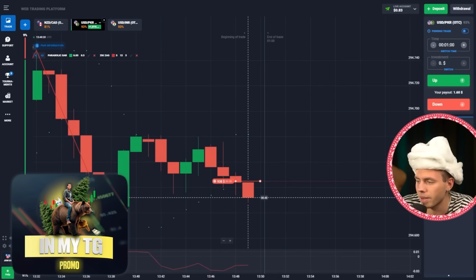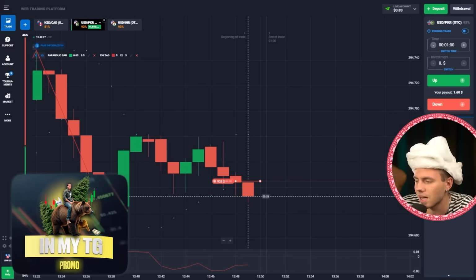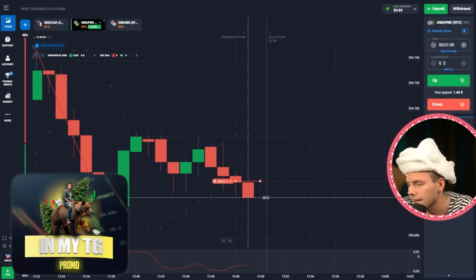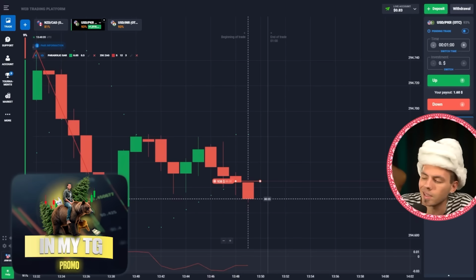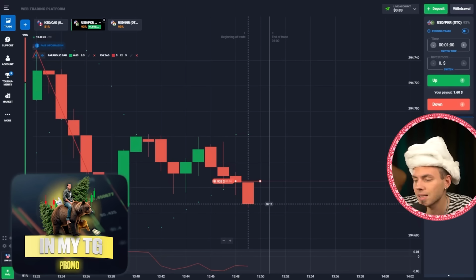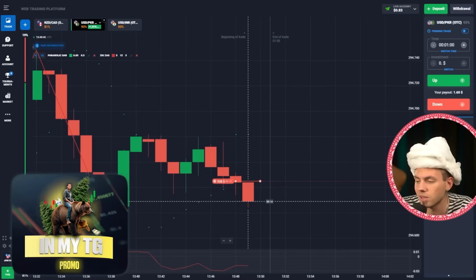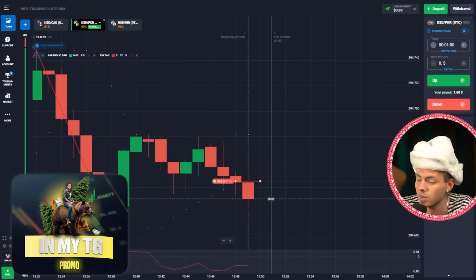There is a strong resistance level at 294.680. You see this level. This is a very strong resistance level which we definitely will not break right now, because there are no indicators or past situations telling us that this is the moment we can break through this line going up. So the option is down, and all we need to do is to be patient and wait a little bit.